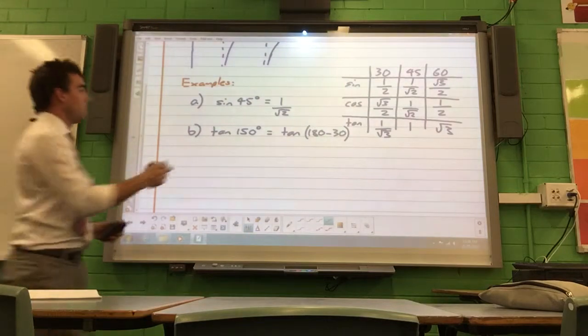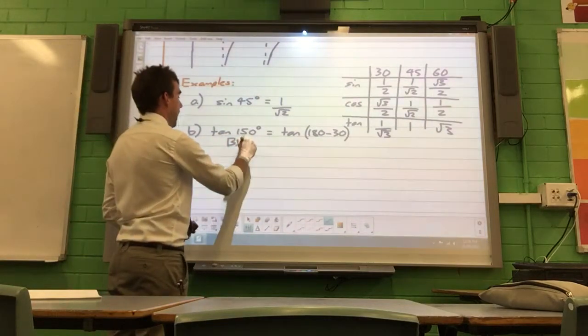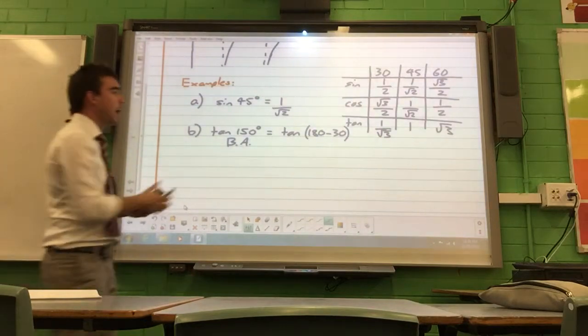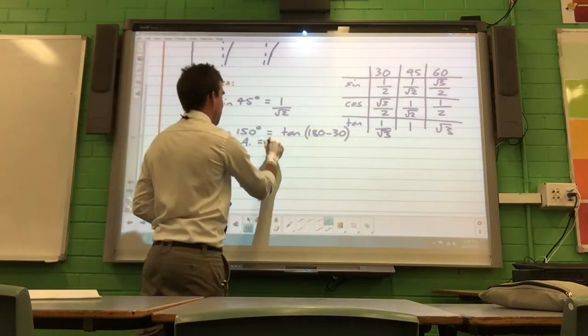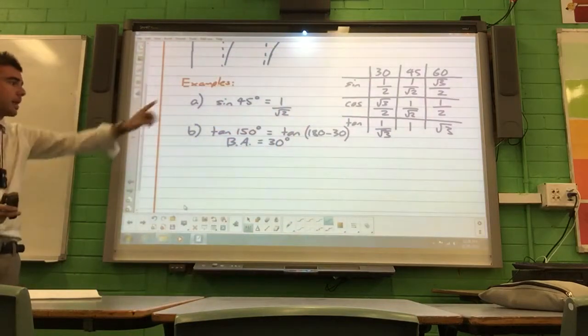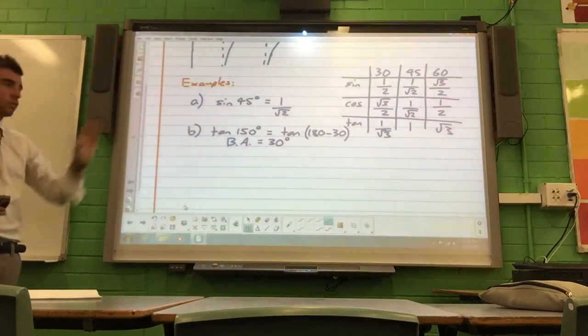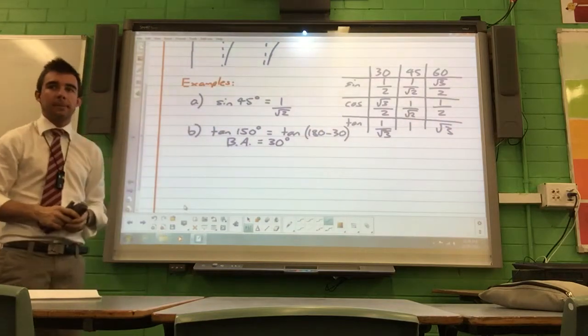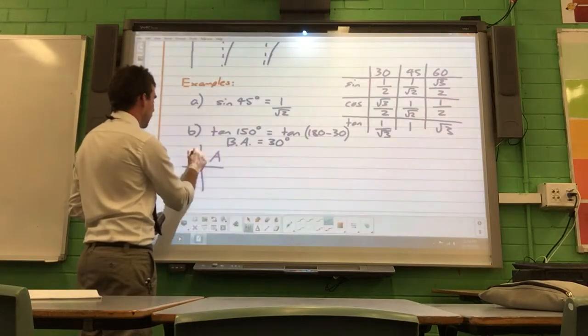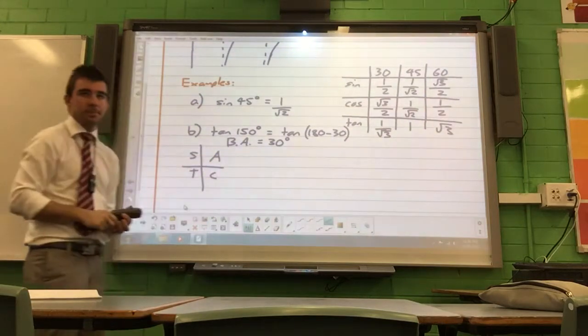This is what's called the basic angle. So BA, basic angle, is equal to that 30 degrees, what you had to subtract to get to the correct reading. After you've done that, you then need to consider those quadrants.